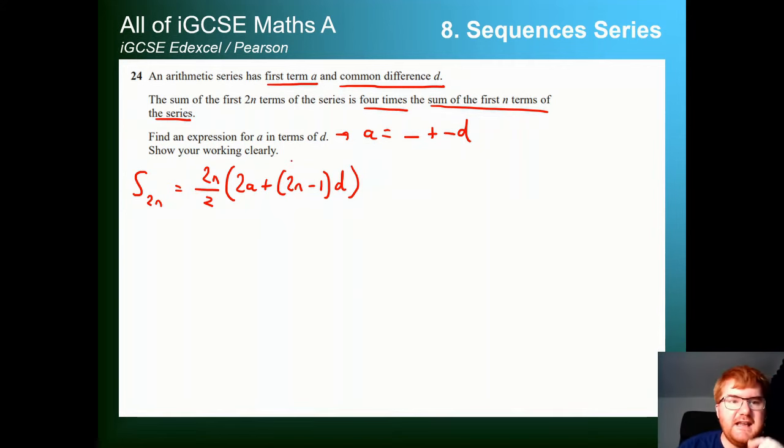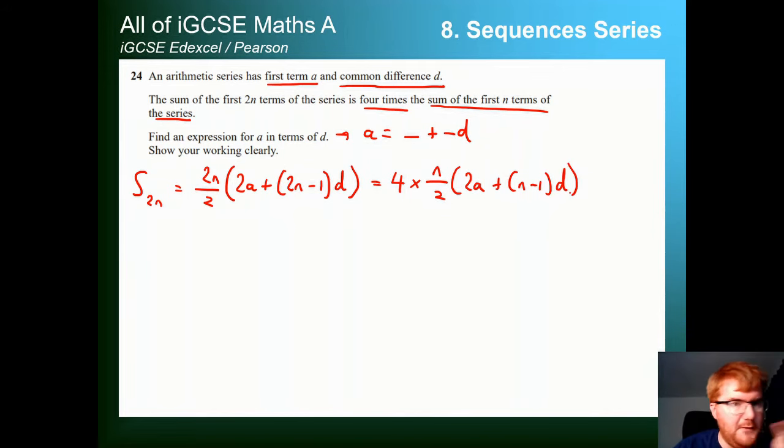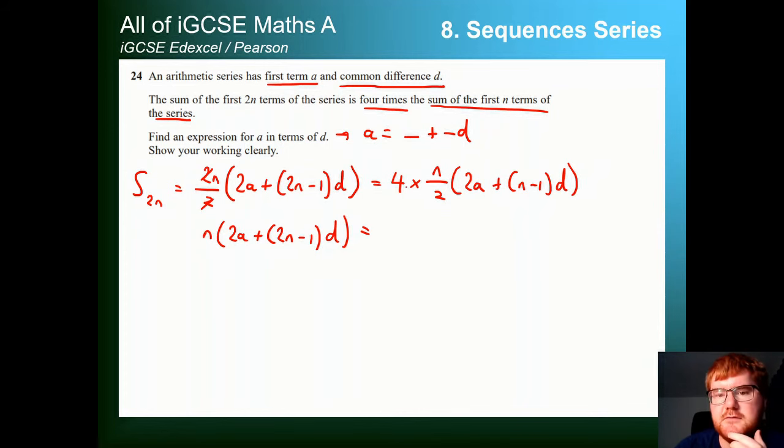And what this question is saying is that this is equal to 4 times the normal formula. So 4 times n over 2, (2a + (n - 1)d), where a and d are the same in both formulae. So we get quite a messy thing to work with here. The first thing I would want to do is just cancel this through. So we get n(2a + (2n - 1)d). We can cancel this through as well. 4 divided by 2 is 2.